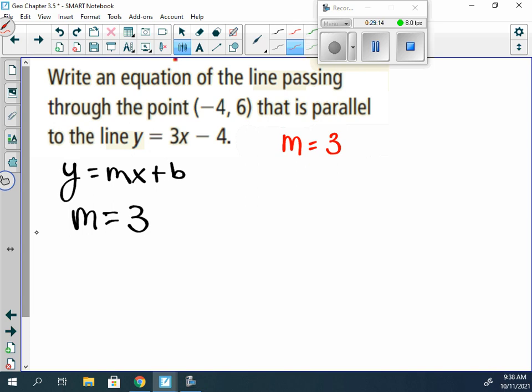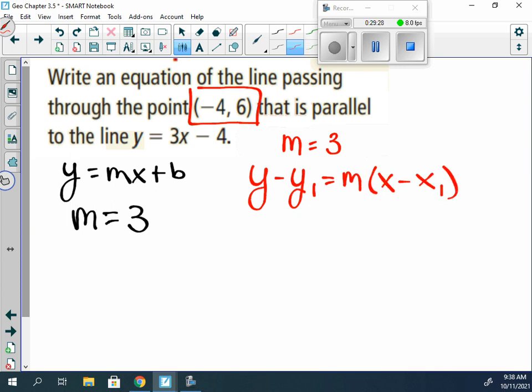And are we given a point? Well, yes, -4, 6. Since we have the slope and a point, we can use the point-slope equation to get our equation of the line. So what was our y value of the point? 6.